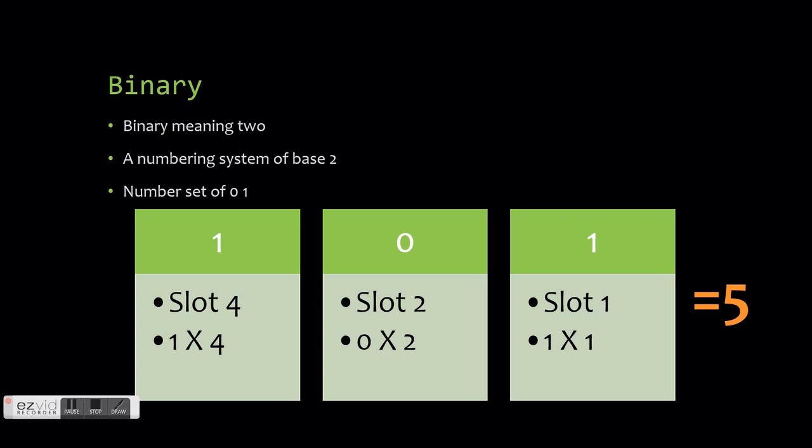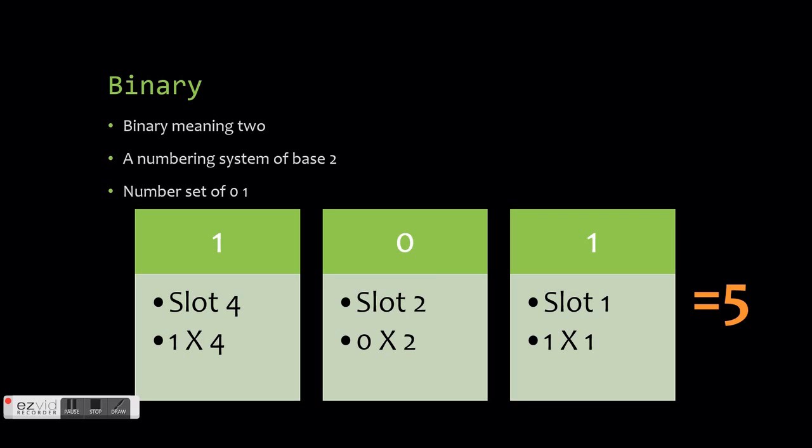Our next slot, which is in the middle, is 2, and our slot on the left is 4. These are multiples of 2 because we're working with a base 2. We begin with 1, and then 1 times 2 is 2, and 2 times 2 is 4.